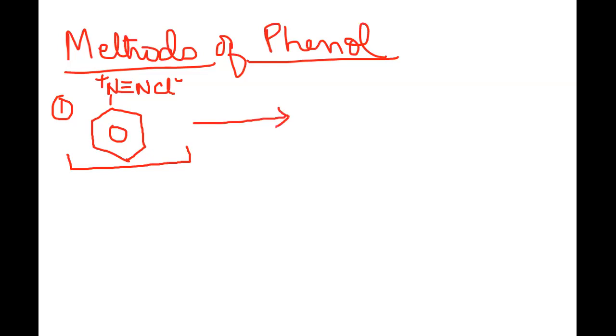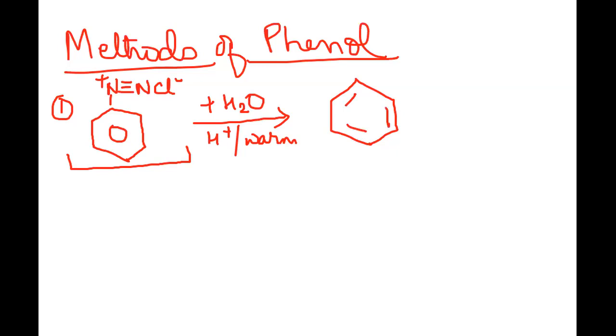All right, so plus H2O, in presence of an acidic medium, and you warm it. Okay, and you warm it. It will undergo a hydrolysis reaction, and it is very simple to remember because the N triple bond N is going to form. I can show the circle or I can show the bonds. It's okay.